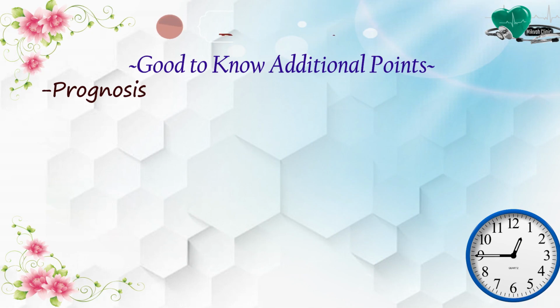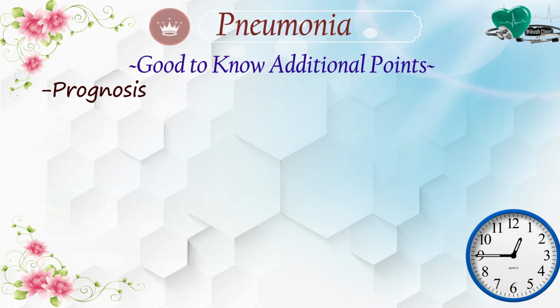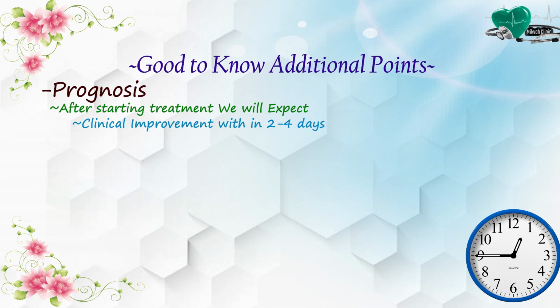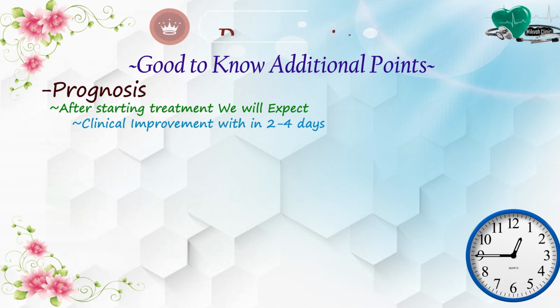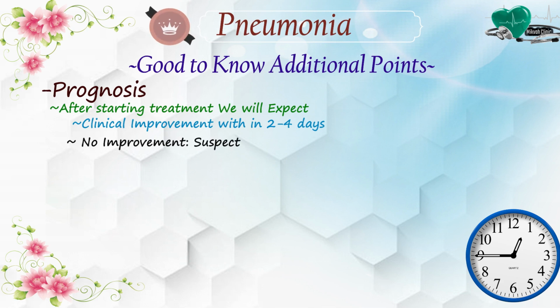Finally, the prognosis of pneumonia. We expect clinical resolution or improvement within 48 to 96 hours. Within the first 2 up to 4 days, the child should clinically improve with our antibiotics treatment. If he is not improved, what should we consider?